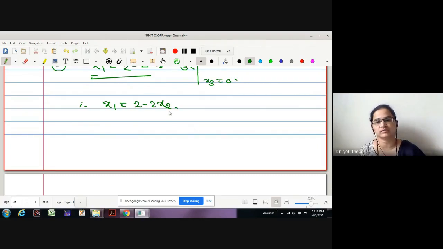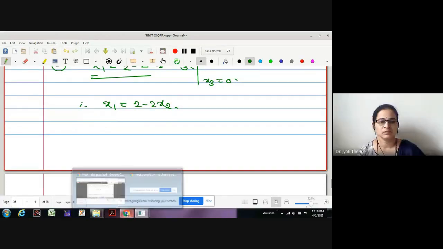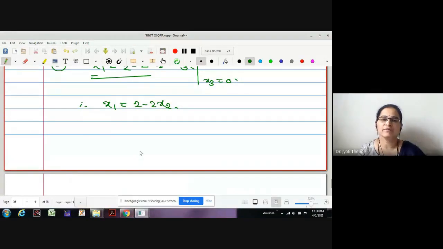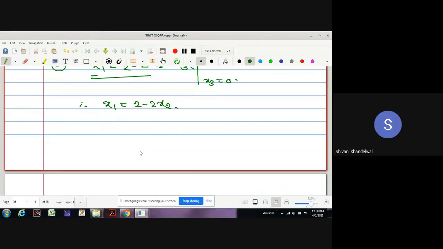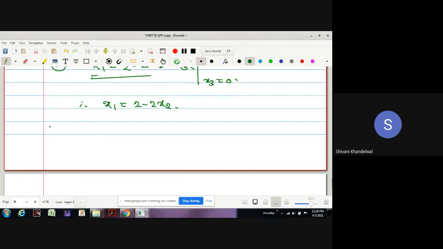For which value of x2 does x1 become 0? 1. For 1, it becomes 0. If I take greater than 1, what will happen? It becomes negative. Yes. Therefore, what is the maximum value x2 can take without making x1 negative? 1.